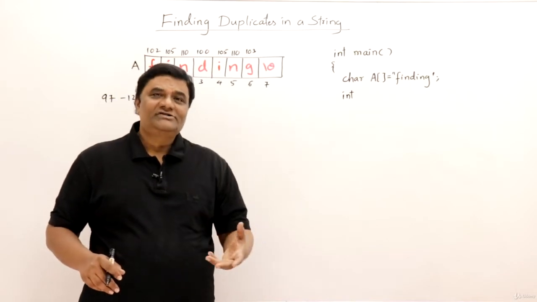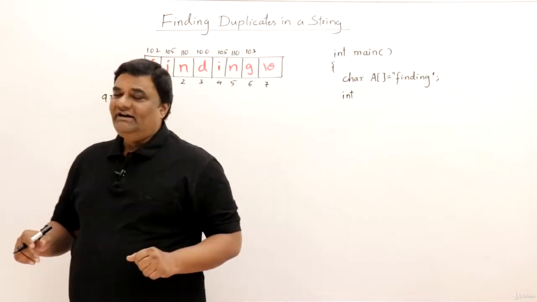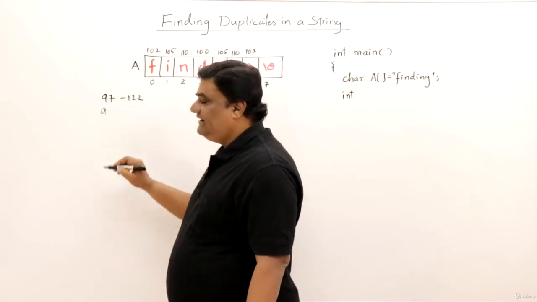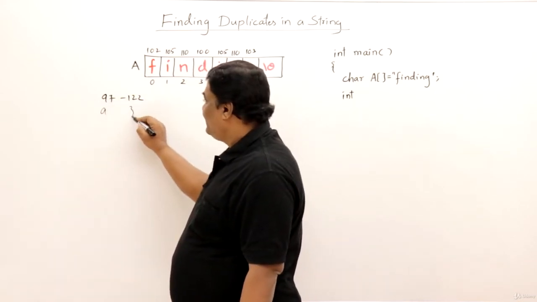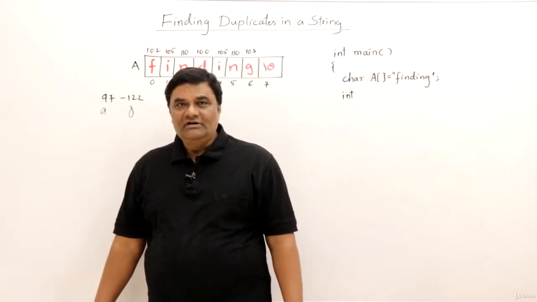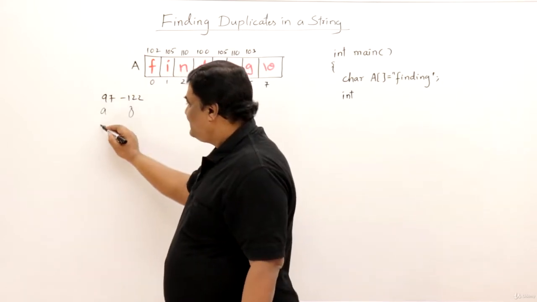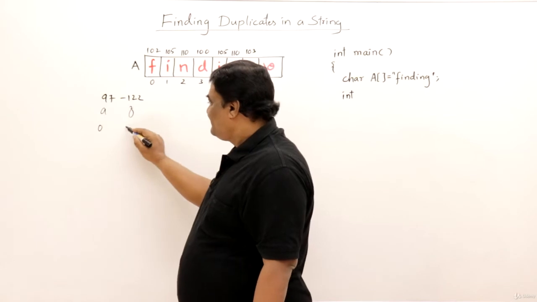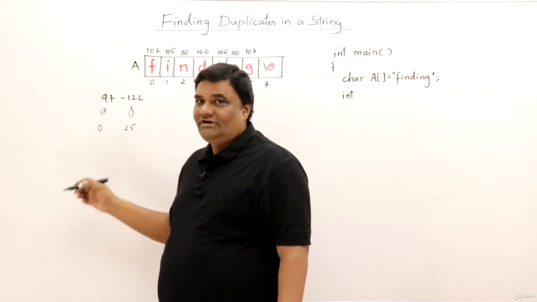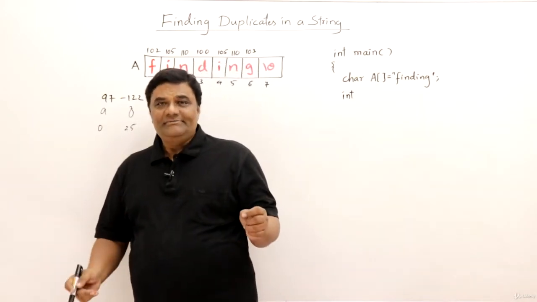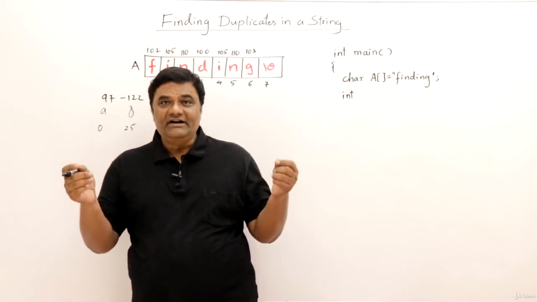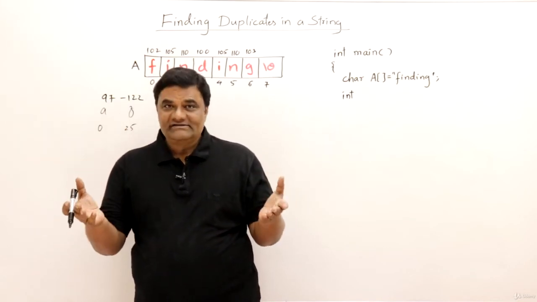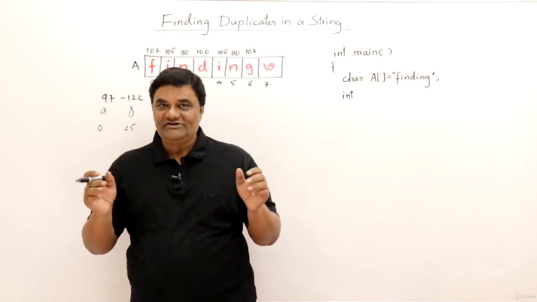Why create that much lengthy array when we know that the first letter, lowercase a, is 97 and lowercase z is 122? So why can't we call this a 0, right, and b as 1 and so on? So this will be 25. So 0 to 25, total 26. So it means an array of size 25 will be sufficient for us. Yes, an array of 25 is sufficient.